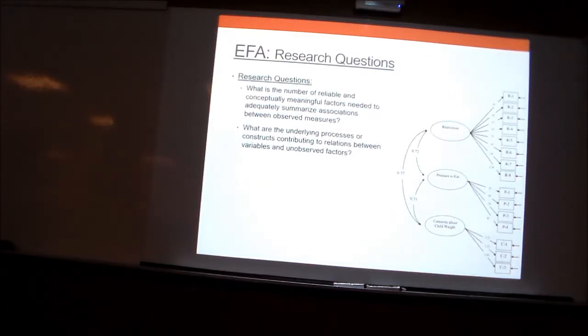Also, we want to look at underlying processes, constructs, driving relations. You'll see this as we start to break into EFA types of research, or generally confirmatory factor models. You'll often see, and it seems kind of weird, we've got our factors, right?